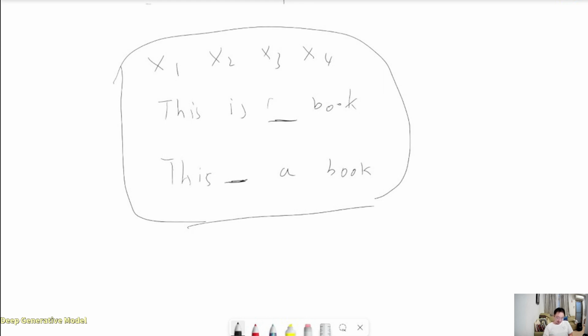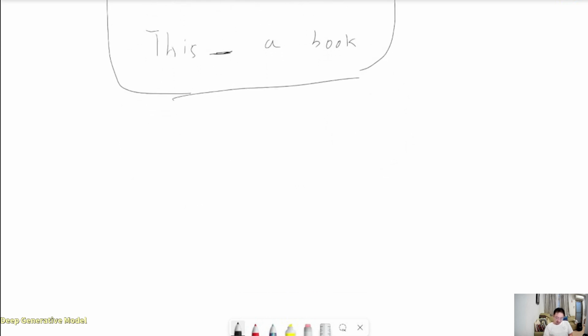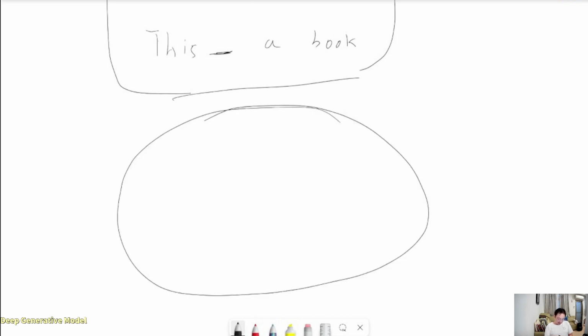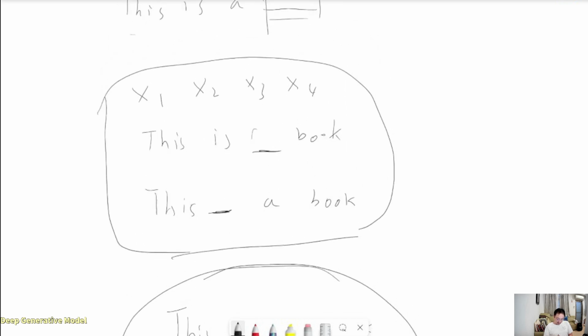So this is one. If you are considering the denoise autoencoder, there's also something like this one. In this kind of thing, we specifically give you an empty box, a blank box that you need to fill in.